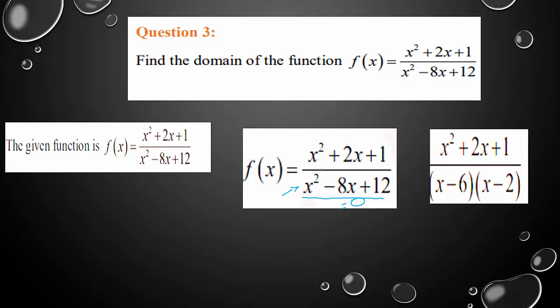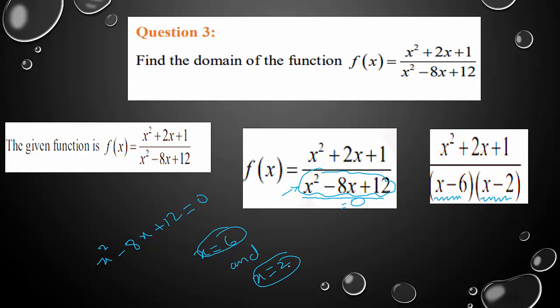For that you have to factorize it. After factorization, you get x minus 6 into x minus 2. That means for x equal to 6 and x equal to 2, x square minus 8x plus 12 is equal to 0.